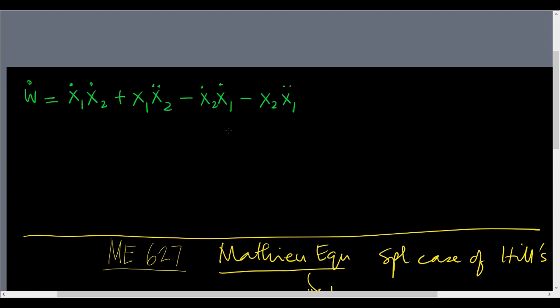Now these terms obviously cancel, and that leaves these here, but because this is Hill's equation, we have x1 times minus p of t x2.